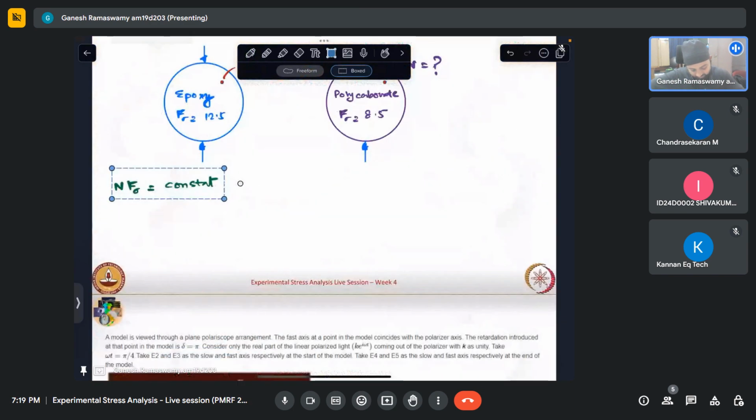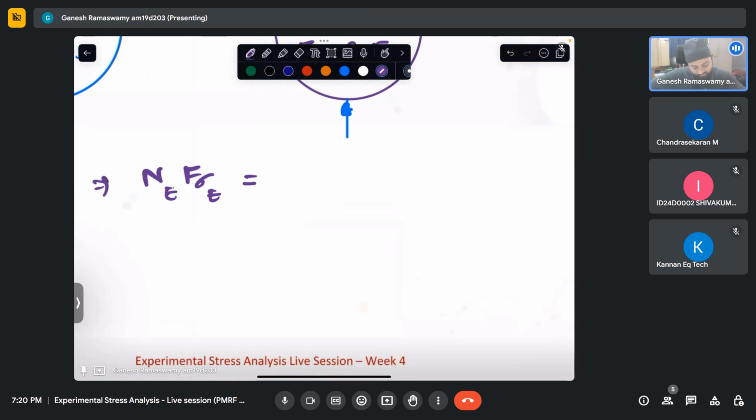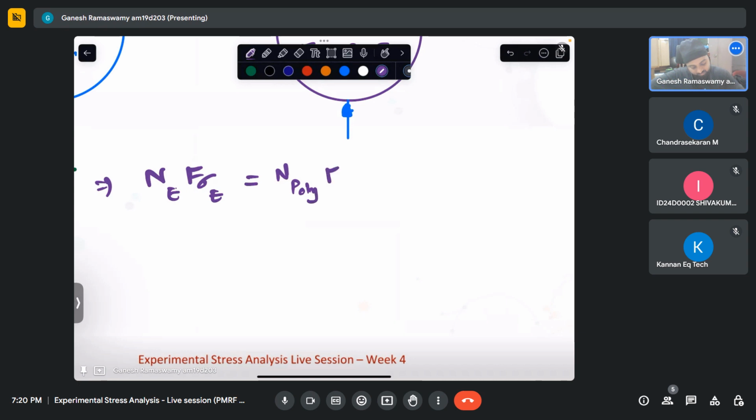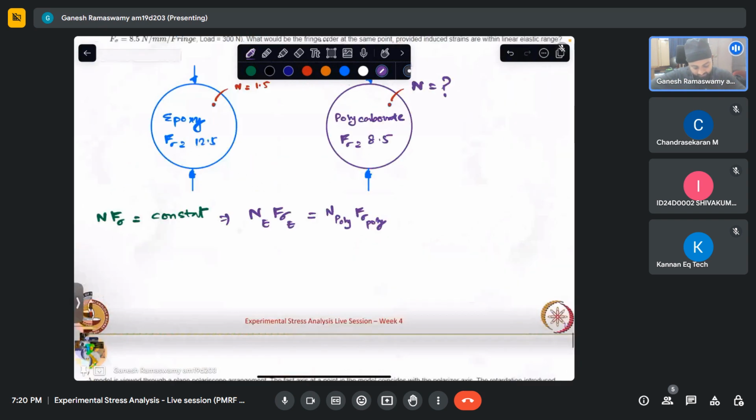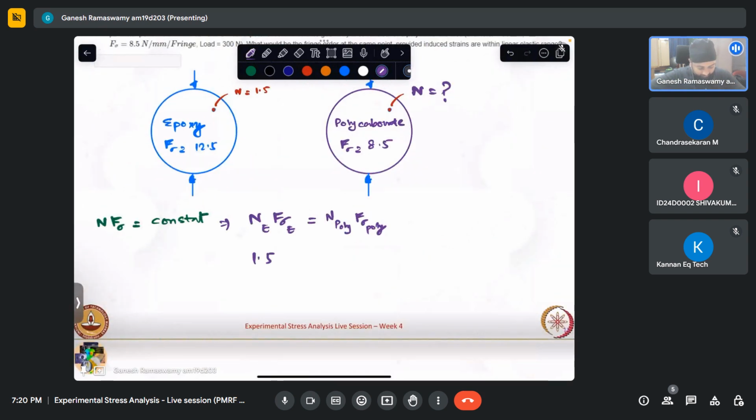In such a case, N epoxy times F sigma epoxy must be equal to N polycarbonate times F sigma of polycarbonate. So what is N of epoxy? At that point it is 1.5 into epoxy's F sigma, 12.5. N in polycarbonate is what we are trying to find, into 8.5.